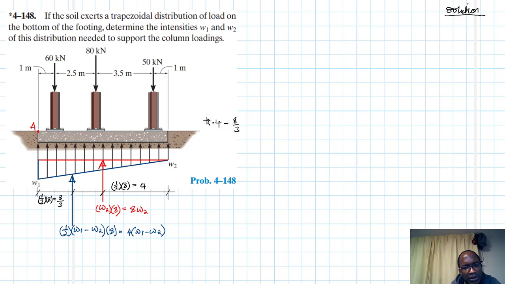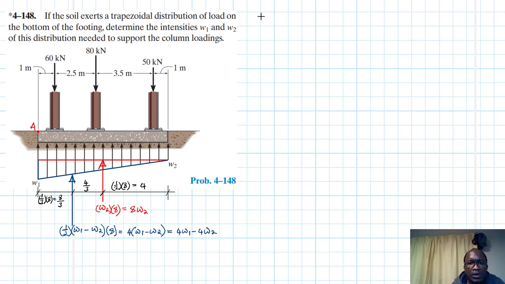If we write this like so, that's 12 minus 8, which is 4 over 3. I want to write them as fractions so that I don't lose accuracy.